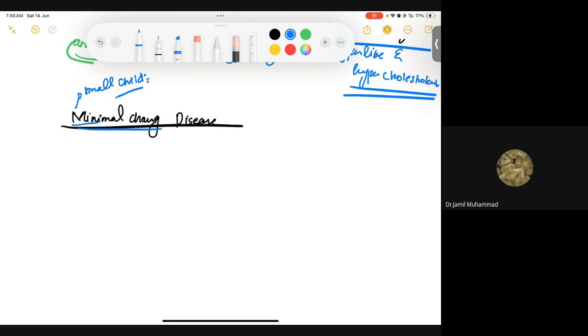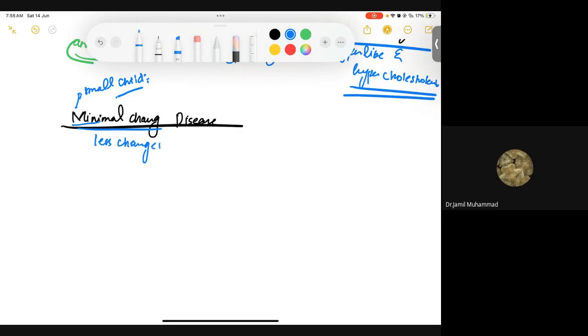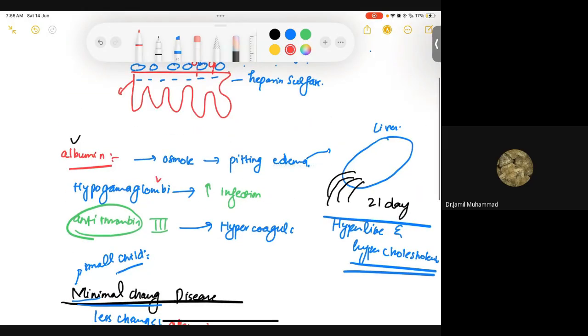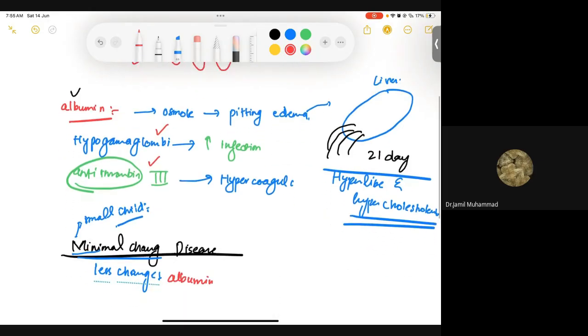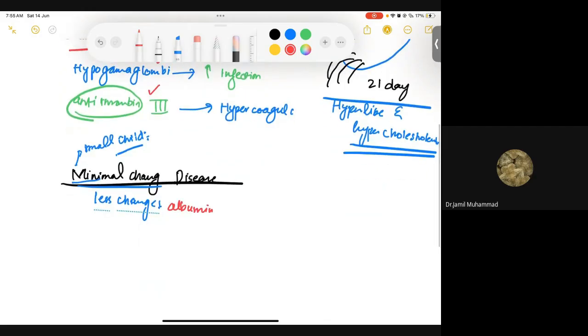Minimal change. What does the minimal change mean? It means we are going to see very less change in this pathology, right? Less change. And what's going to be that less change? Yes, we are only going to see loss of albumin, not loss of gamma globulin, not loss of antithrombin, not any loss of other plasma protein, but only the albumin is going to be lost.